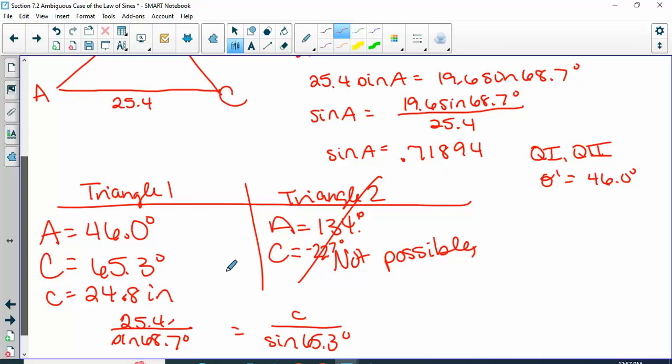So we have seen the 3 possibilities. Are there questions so far? You guys think you can try one?